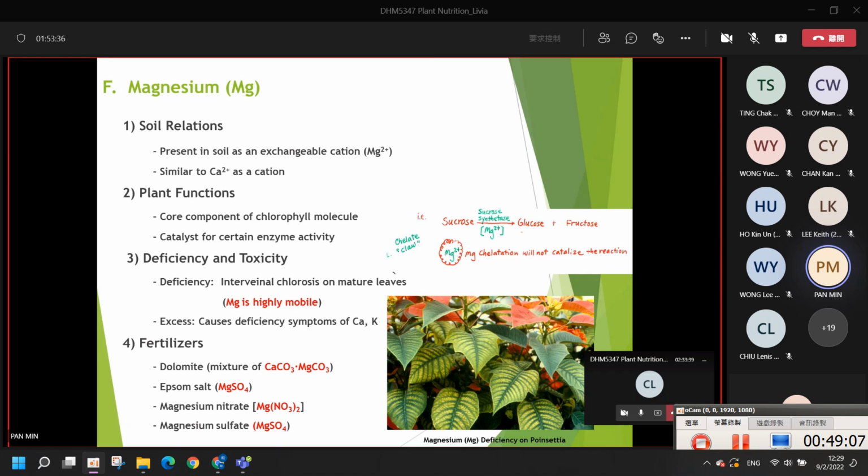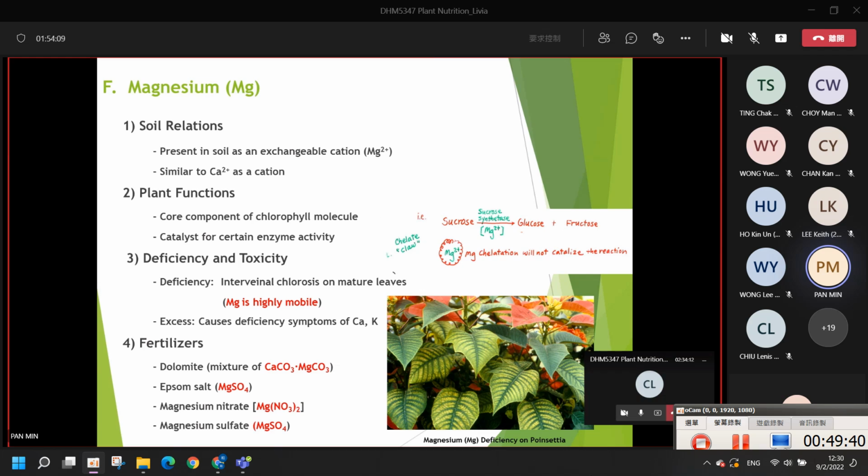The plants will first break down chlorophyll in the old leaves and transport the magnesium to younger leaves, which have greater photosynthesis needs. Therefore, the first sign of magnesium deficiency is chlorosis of old leaves, which progresses to the young leaves as the deficiency progresses.